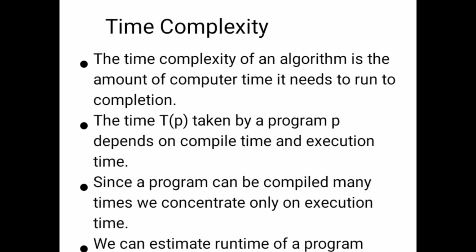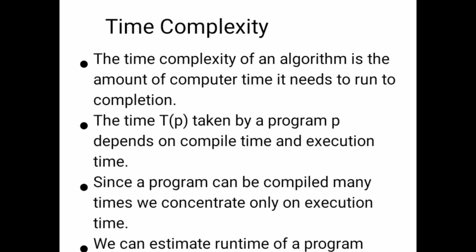The time T_P taken by the program P depends on the compile time and the execution time. Since a program can be compiled many number of times, we concentrate only on the run time or execution time to find the complexity. That is, time complexity is the amount of time taken by the program to run to completion.